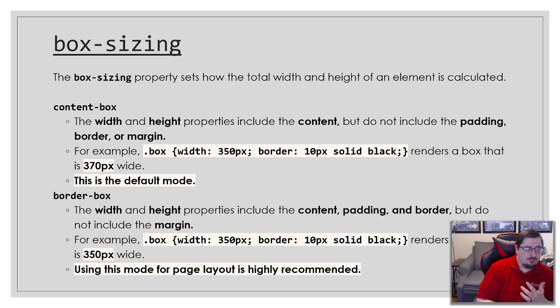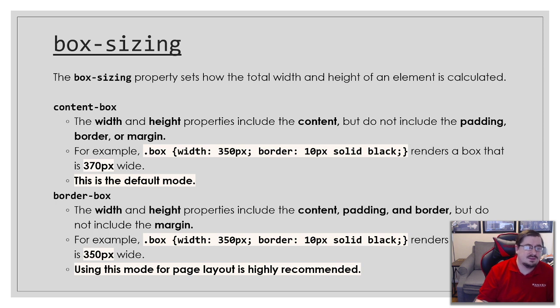With the border box mode, the width and height of your element includes not just the content, but the padding and the border. It still doesn't include the margin, and that's okay. The margin really isn't part of the element, but now it includes the content, the padding, and the border.